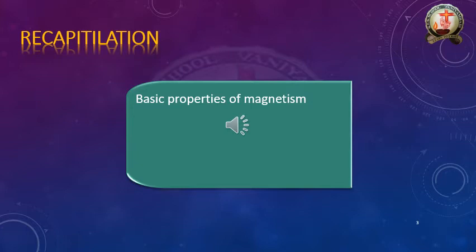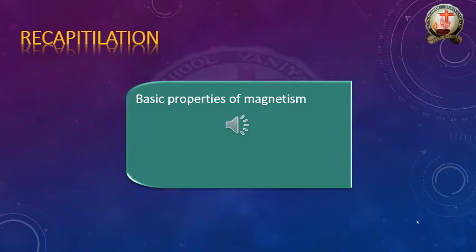The strength of artificial magnets is high, and they have a particular shape and size. The examples of artificial magnets are bar magnets and cylindrical magnets.